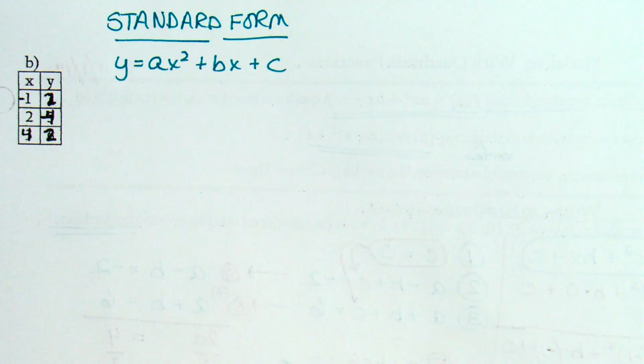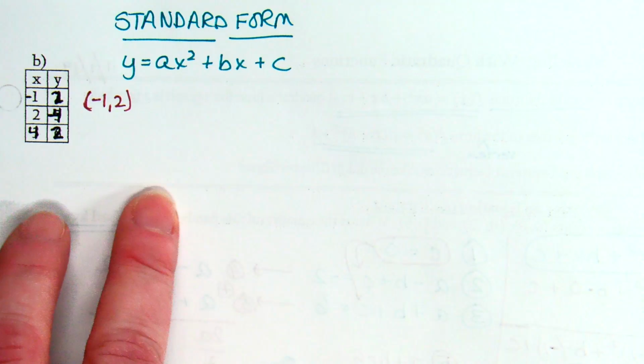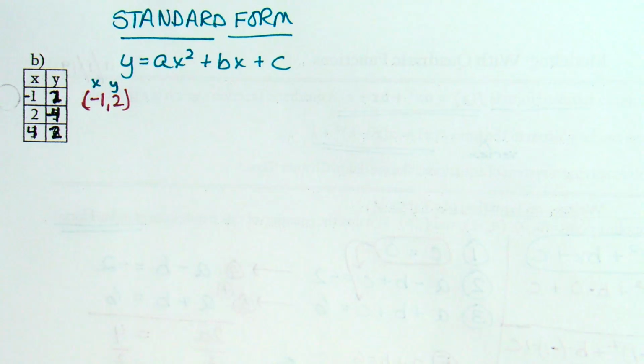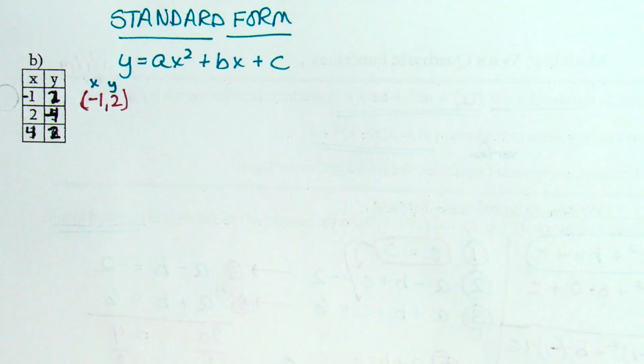Okay? So, the first ordered pair we are given is -1, 2. And in -1, 2, you know -1 is an X, 2 is a Y. They just got changed.